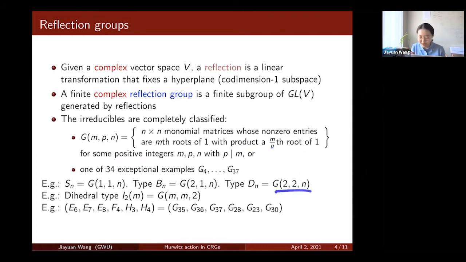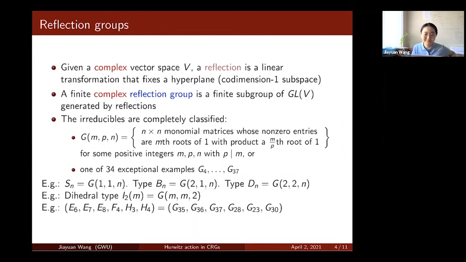If we're in G(2,2,n), then we require the product to be a (2 over 2)th, so 1st, root of unity. So the product has to be 1. That immediately restricts the number of -1s we can have to an even number. But in type B_n, the product is a 2nd root of unity, so we can have either an even number or an odd number of -1s. Both of them are okay in G(2,1,n).